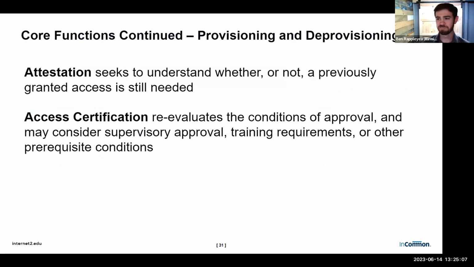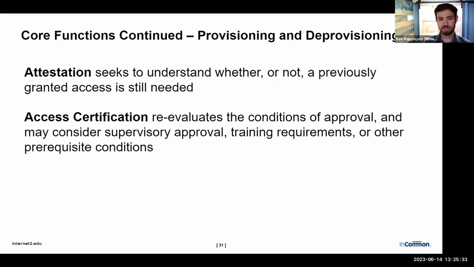Attestation is seeking to review whether or not a user should still have access to something they've already been granted access to. And access certification is going through and validating that a user still meets the criteria that put them in a role. Our systems are using grouping to do this.